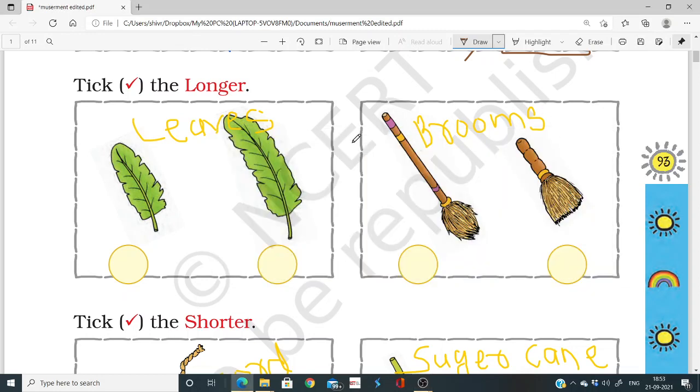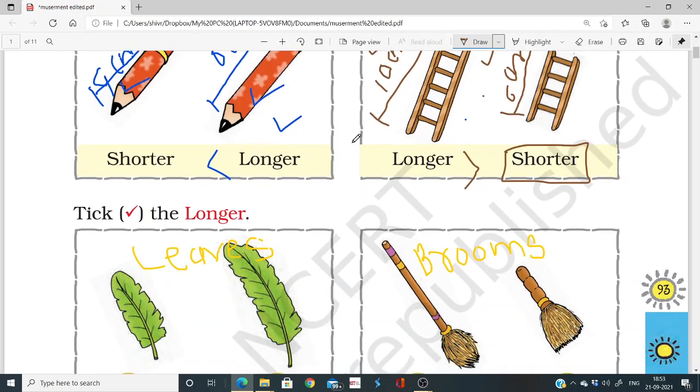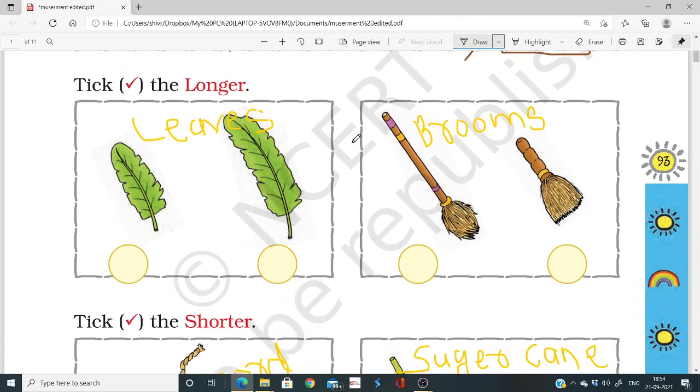Already we learned how we measure which ladder is longer and which ladder is shorter. In the first picture we saw which pencil is shorter and which pencil is longer. In the second picture also we saw which ladder is longer and which ladder is shorter. Here also it is the same, but we have to find out.